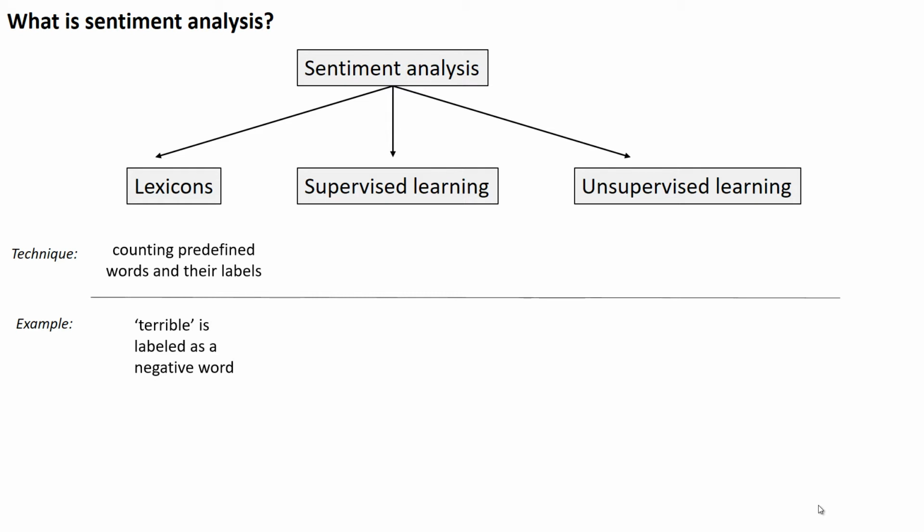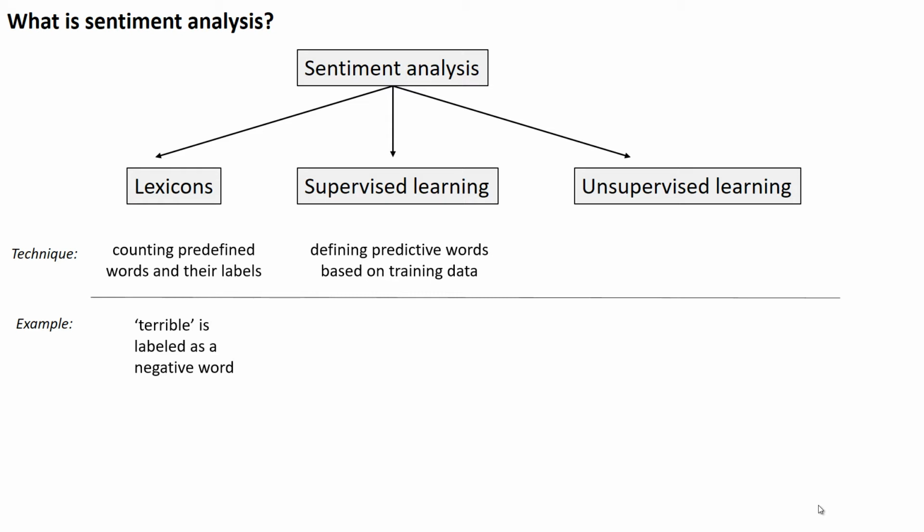In supervised learning, you give the algorithm a lot of example data, and this example data is labeled as being negative or positive. For example, we could give the algorithm 10,000 movie reviews or 10,000 Facebook posts that we labeled as negative or positive.